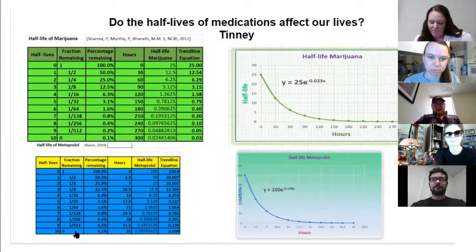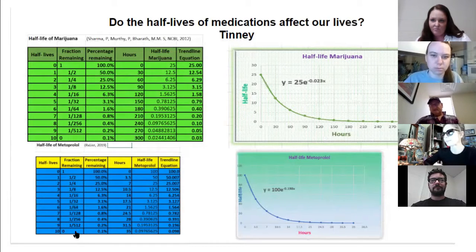Between 10.5 and 14 hours, since I take it every 12 hours, I still have between 6.5 and 12.5 milligrams in my system. So I have to take another pill so my blood pressure is constantly taken care of. I call it my anti-explosion medicine because I don't want to blow up.